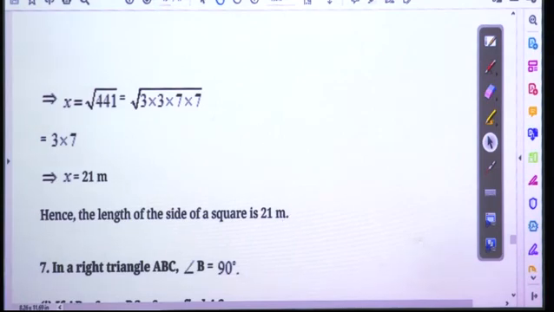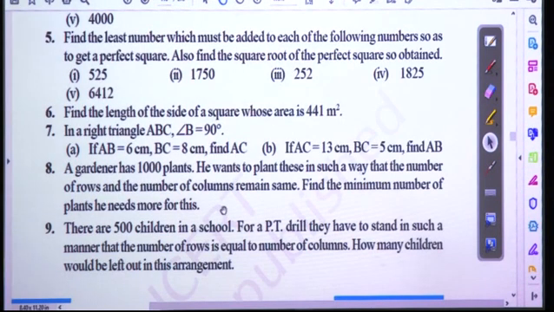Let us see the next question. What is the next question? In a right triangle ABC, angle B is equal to 90 degrees. If AB is equal to 6 centimeter, BC is equal to 8 centimeter, find AC.